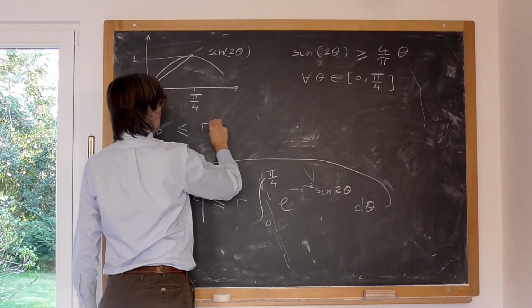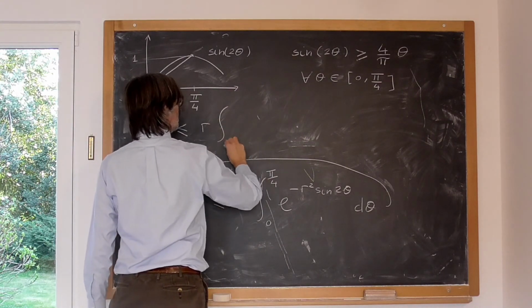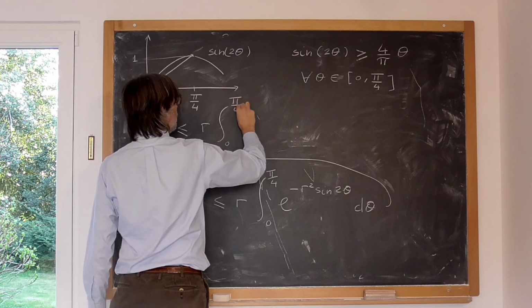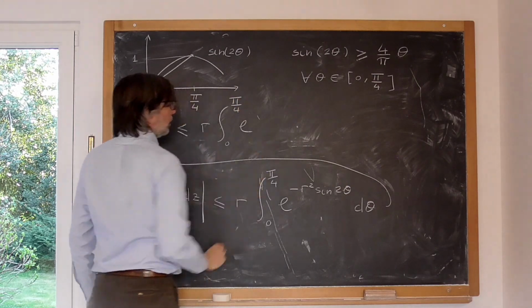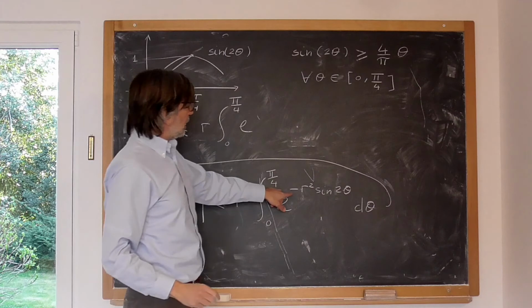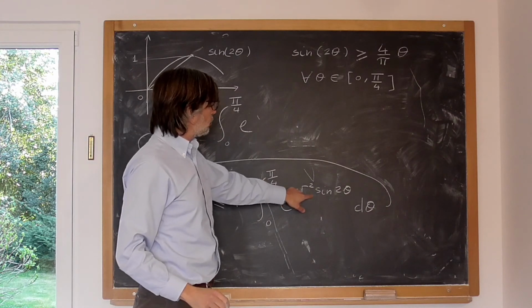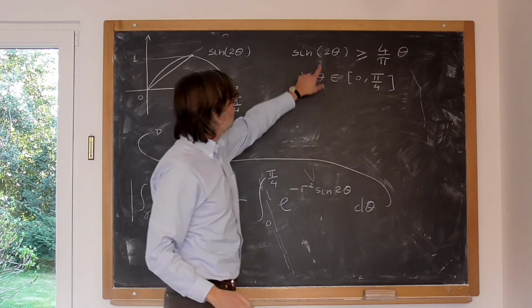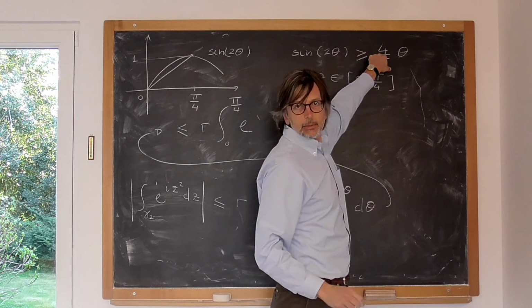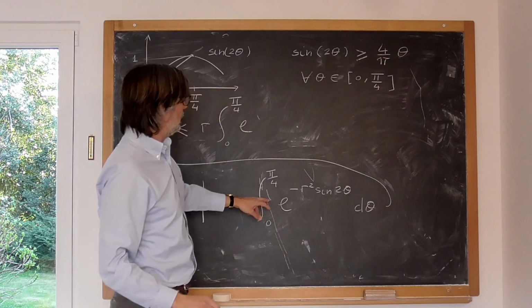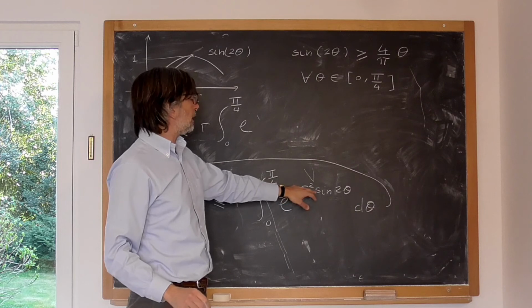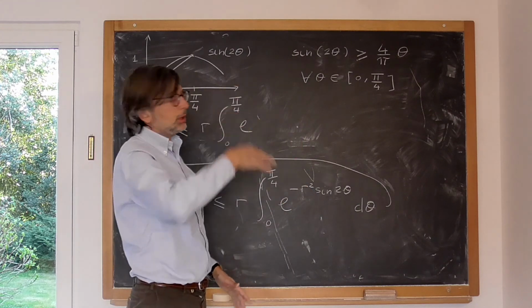So this is less or equal than r times the integral from 0 to pi over 4 of e to the minus r squared sine. But sine is bigger than this, and the function e to the minus r squared x is monotone decreasing.